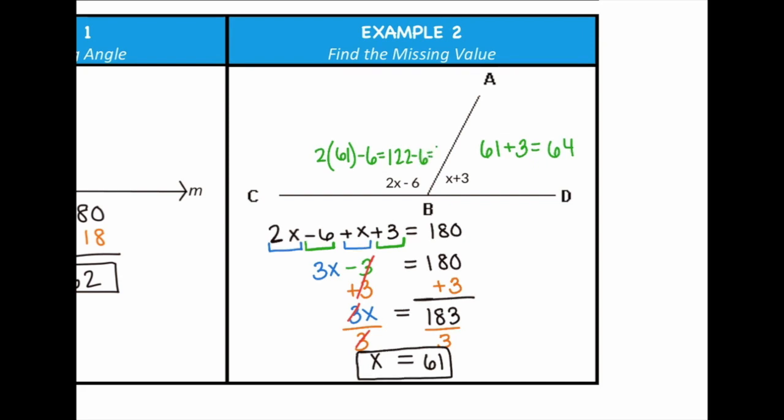That's going to equal 116. Then I know those two need to add up to 180, so let's see if they do. 116 plus 64 equals 180 degrees, so we know our missing value is correct.